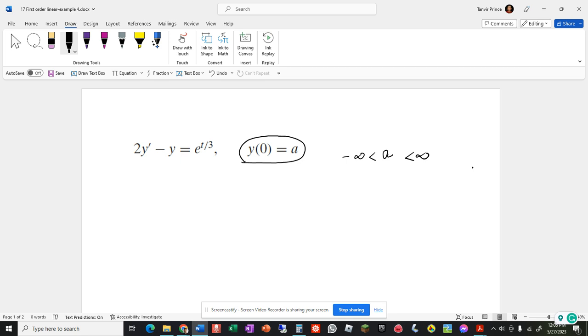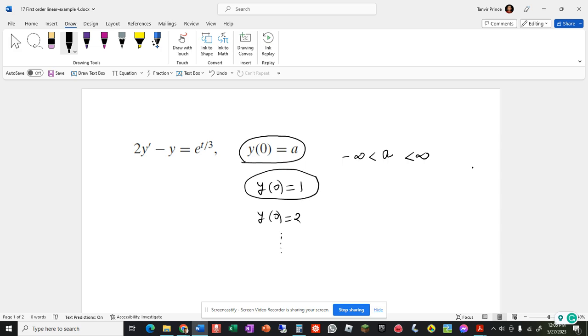And the question is, find the specific solution for this initial condition, so in general in terms of a, and then for any initial value, let's say for y of 0 equal to 1 or y of 0 equal to 2, etc. For any value of a, you can just substitute a equal to 1 to find the specific solution for this one, right?